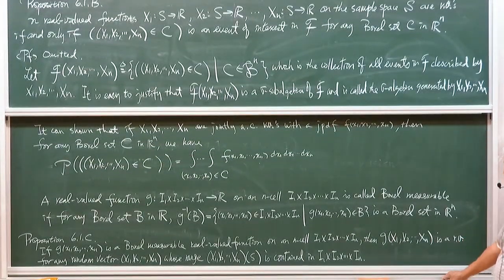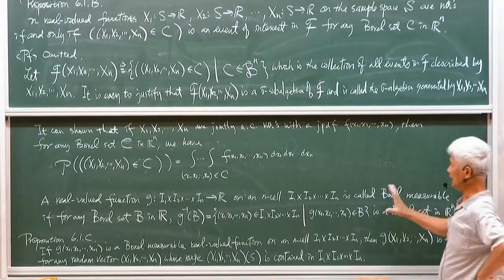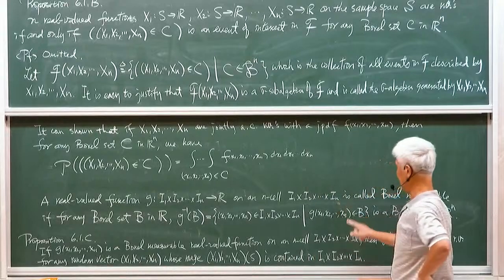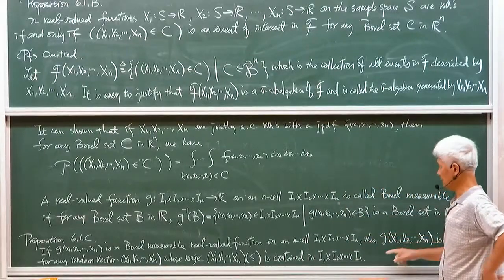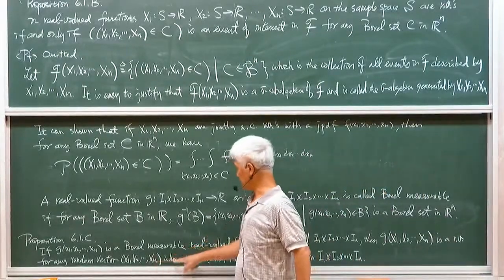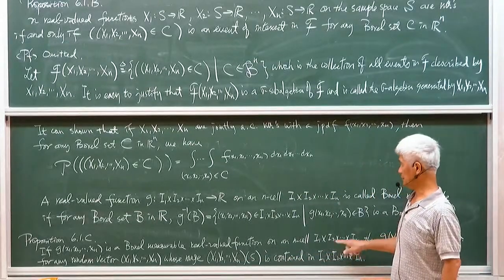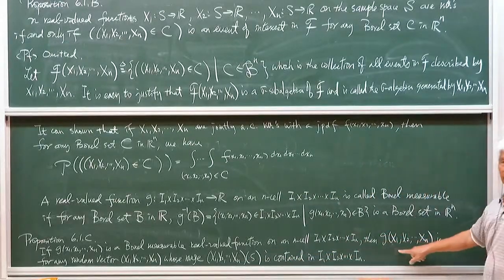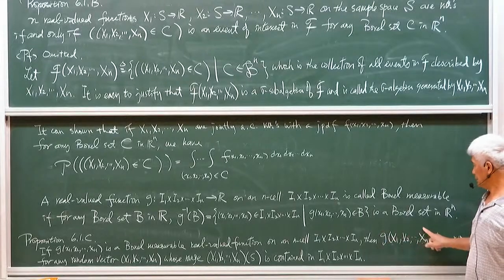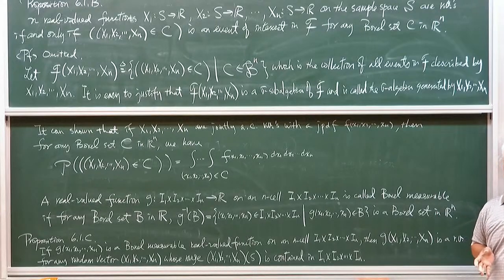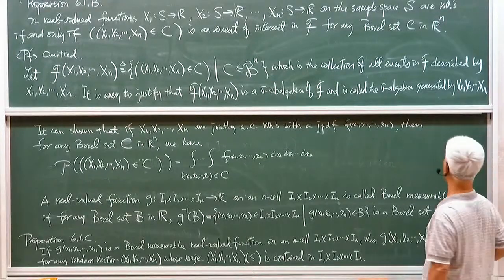So by using a Borel measurable real valued function defined on an n-cell, and we know that the random vector has range in this n-cell, then this data processing, G on these n random variables, is again a random variable.